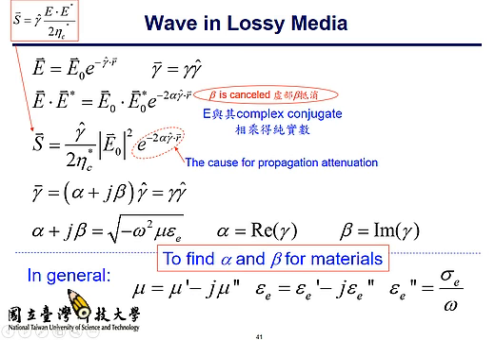And here is the general representation for mu and epsilon. As I mentioned earlier, mu can be a complex number just like the epsilon. Epsilon is a complex number as well, while the epsilon double prime term comprises the conductivity of the medium over omega.